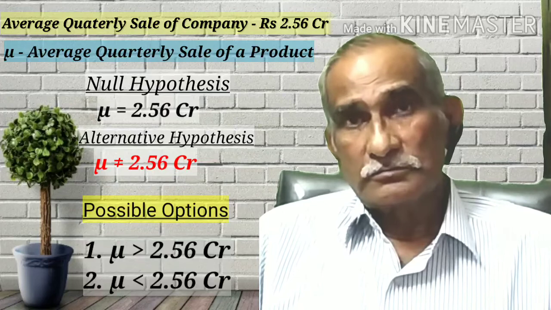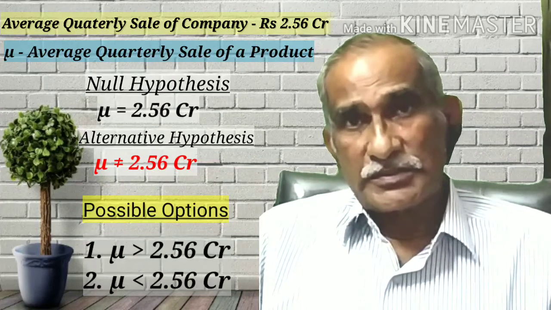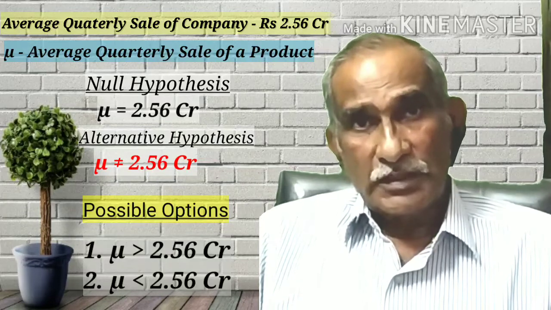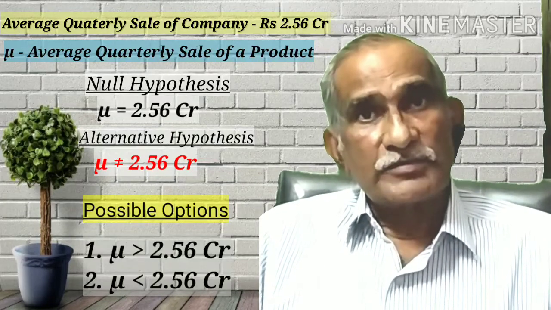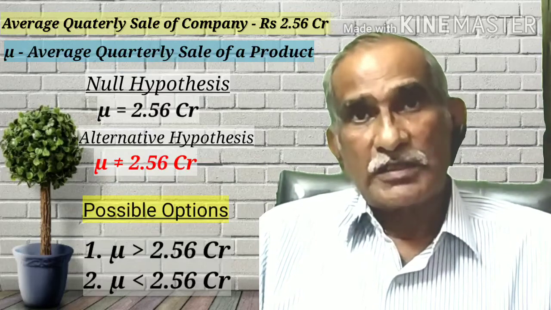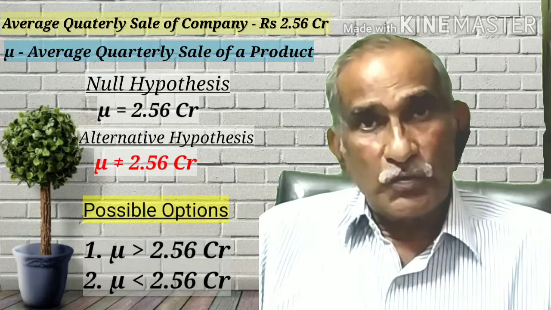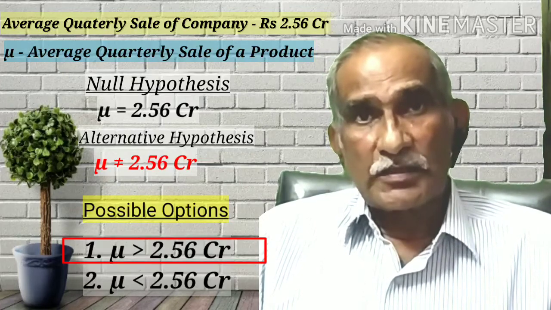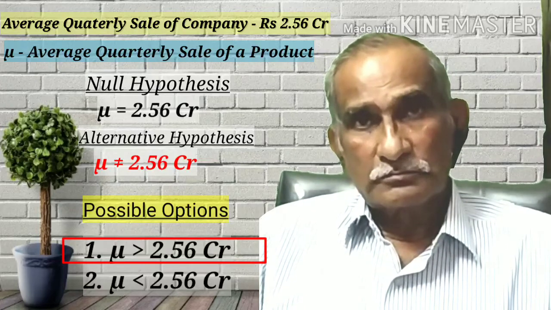So here we would not take our alternative hypothesis as mu not equal to 2.56 crore. Here our alternative hypothesis would be that mu is greater than 2.56 crore.